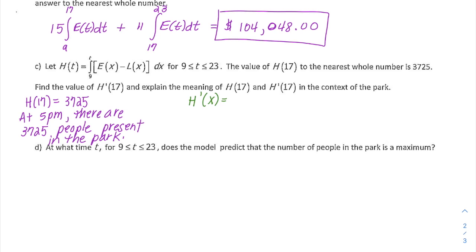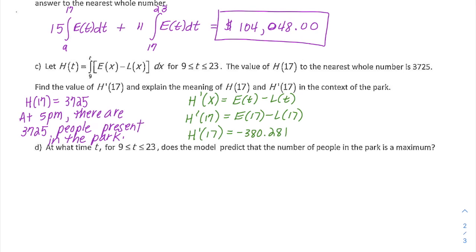Okay, h prime of x then. If I want to take the derivative of h of x, it is simply going to be E of t minus L of t. So if I want h prime of 17, using the table function on my calculator, I can find E of 17 minus L of 17, and I get h prime of 17 to be negative 380.281.